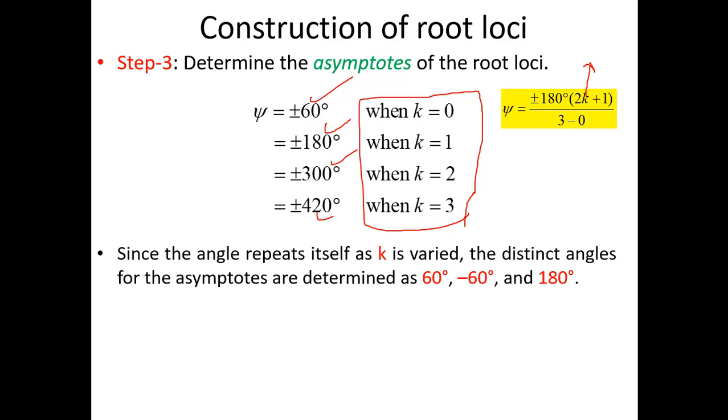Since the angles repeat, the distinct angles for the asymptotes are 60, minus 60, and 180 degrees. So you will have only 3 angles, because after that the angles repeat and will not be distinct.